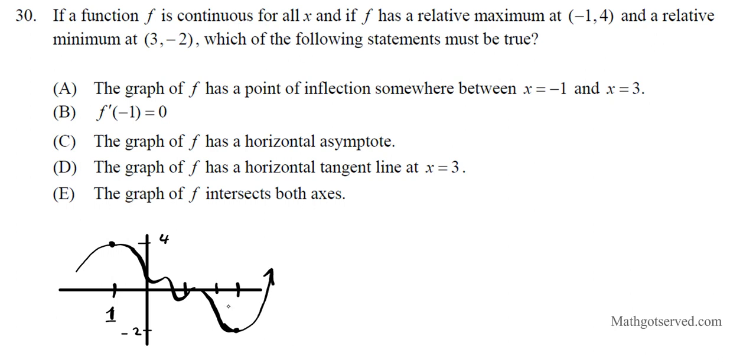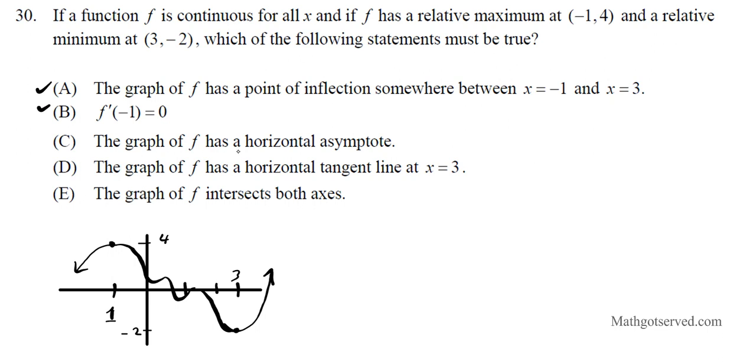Okay? So if this is an accurate sketch of the situation, then since it was concave down here and concave up here, and the function is continuous, you would expect there to be a point of inflection somewhere between 1 and 3. So option A will work. F prime of 1 will be 0. This will work also.